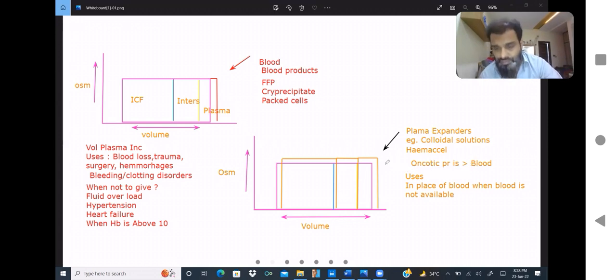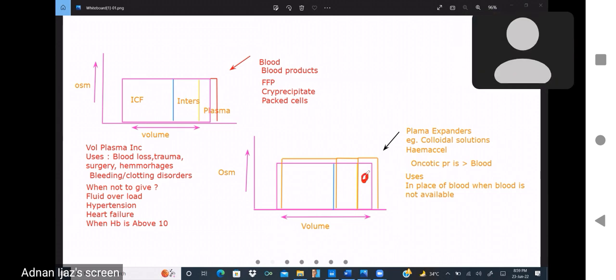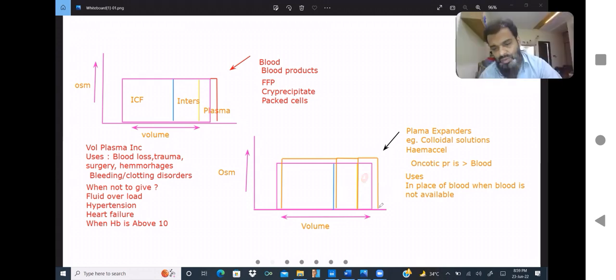So just imagine it here. Just ignore these lines, just focus in this space. What is this space? ये कौन सा space है? What is this space? Plasma. This is the plasma, yes. Okay, we will give this solution in the plasma. What will happen here is that the volume of the plasma will increase. ठीक?